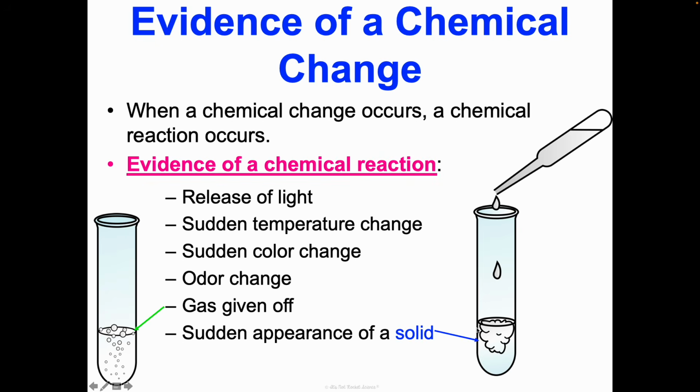And then if you see the sudden appearance of a solid, that solid is known as a precipitate. It forms when a chemical reaction happens between two aqueous things and a solid essentially appears or pops up. That is also evidence of a chemical reaction. So these are some things you can keep an eye out for so that you can know if a chemical reaction has happened.